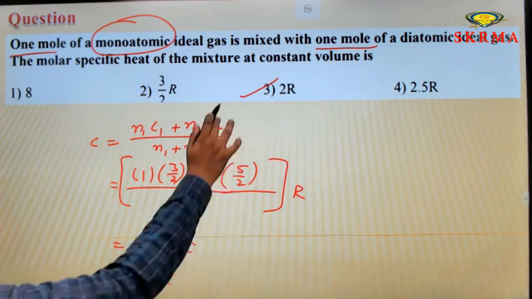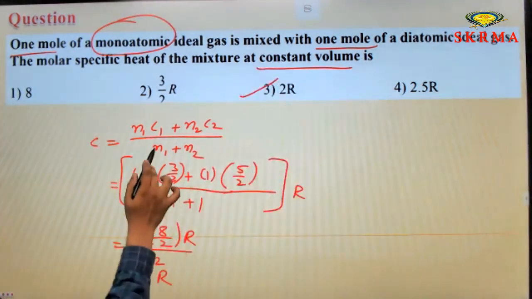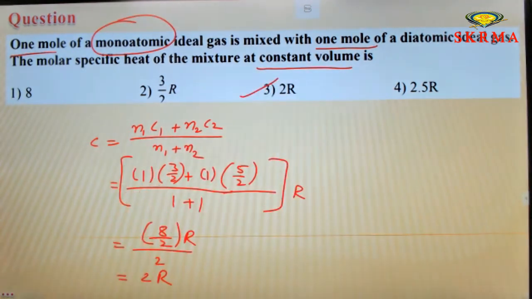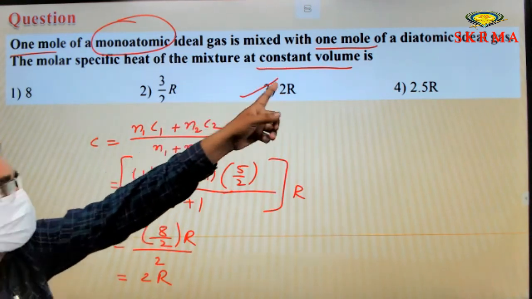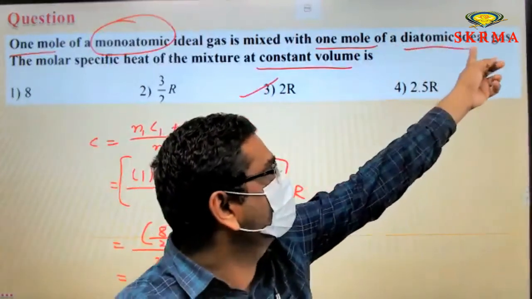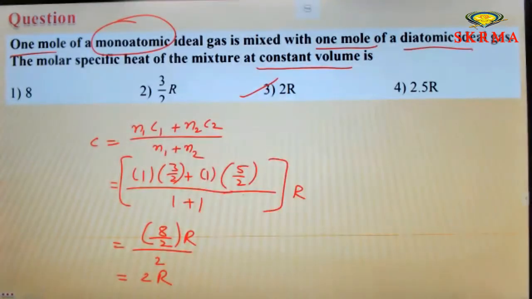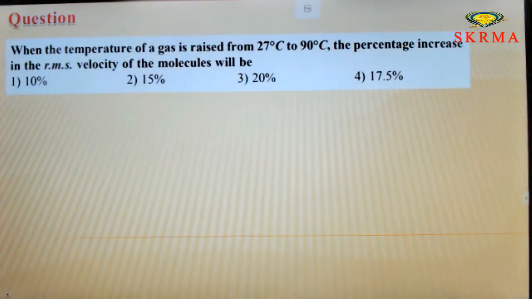Here he is asking about molar specific heat at constant volume. Specific heat at constant volume for monoatomic gas is 3 by 2 R, and for diatomic gas it is 5 by 2 R. Direct substitution. Next.